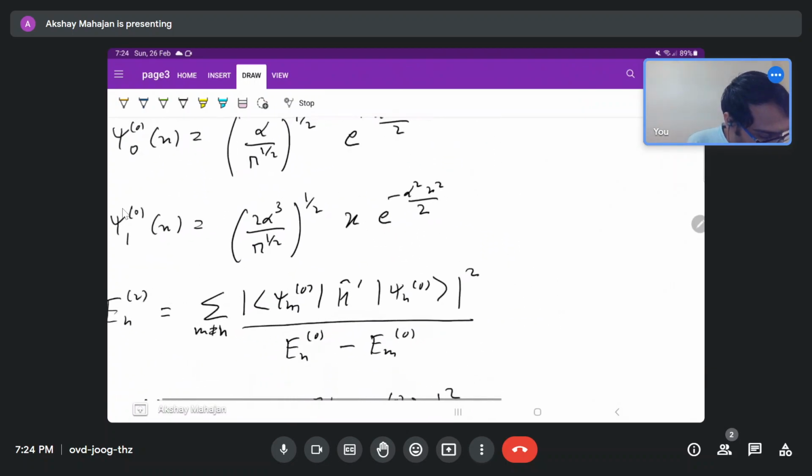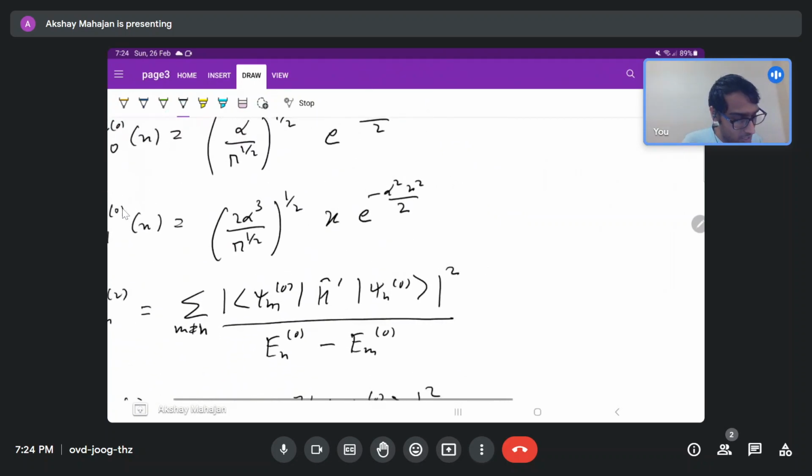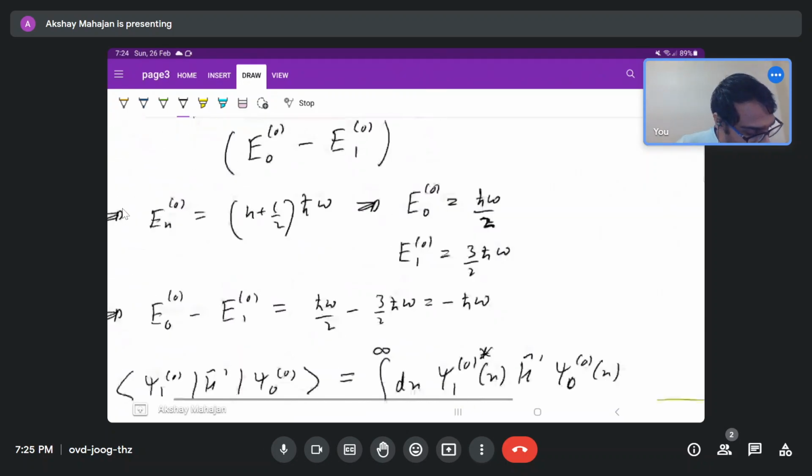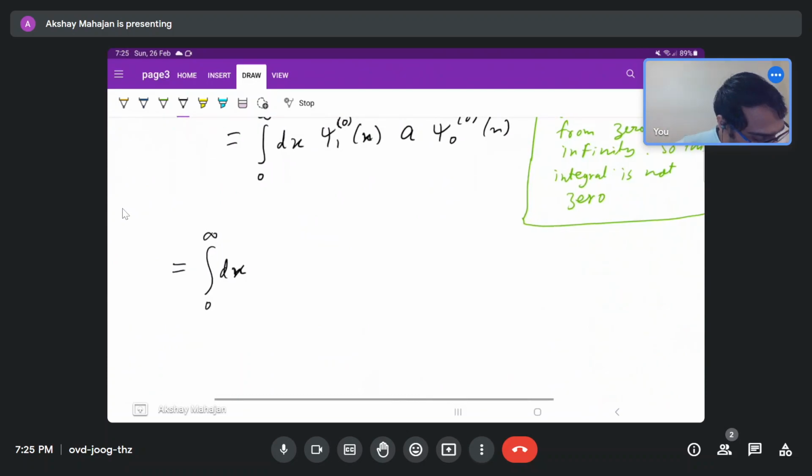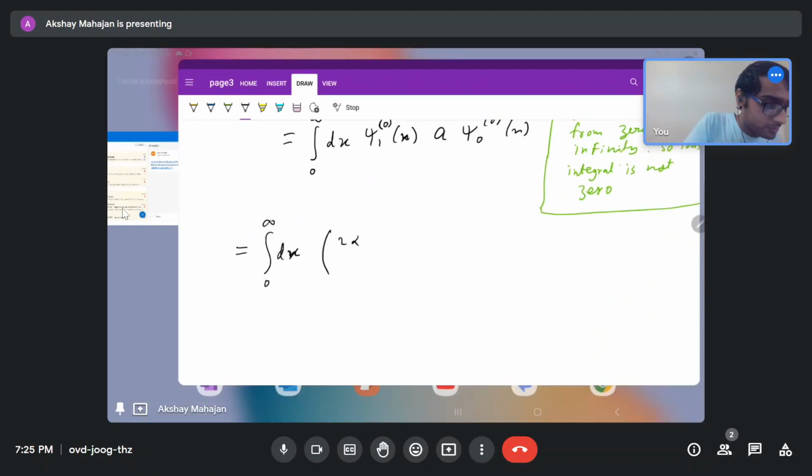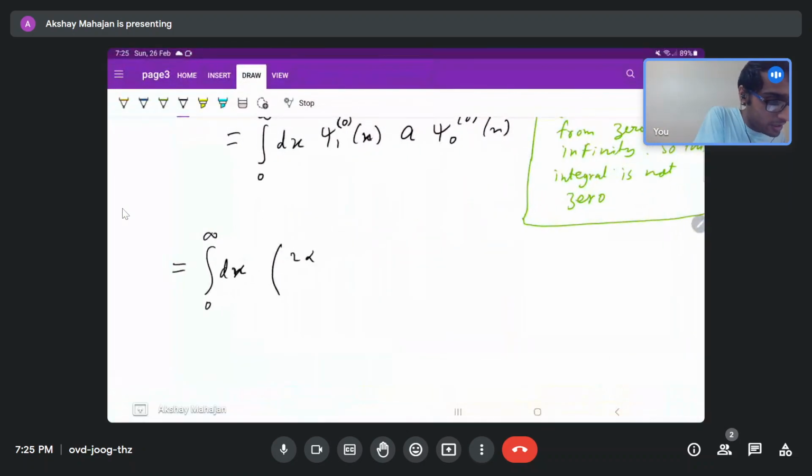Basically you have to put in this psi 1 of 0 of x that is given, and let me solve this once: 2 alpha cube upon pi to the power 1 by 2.